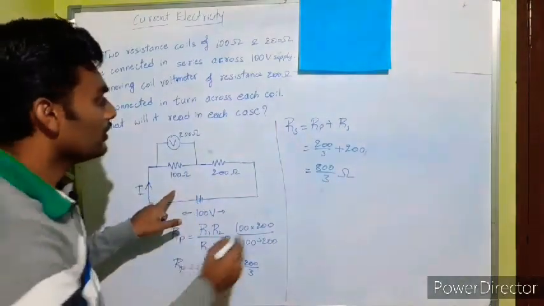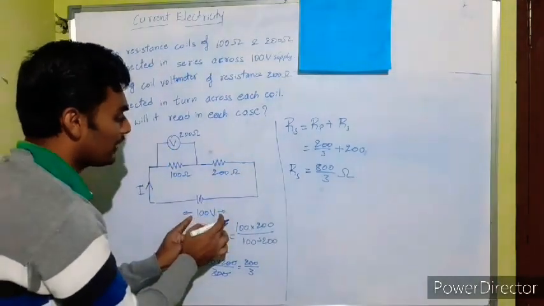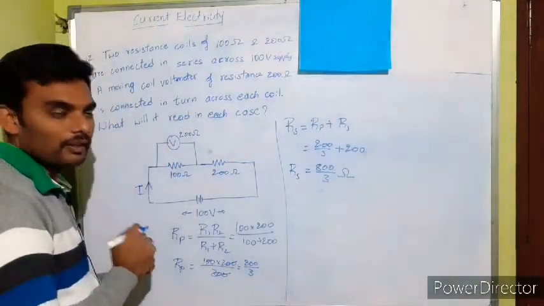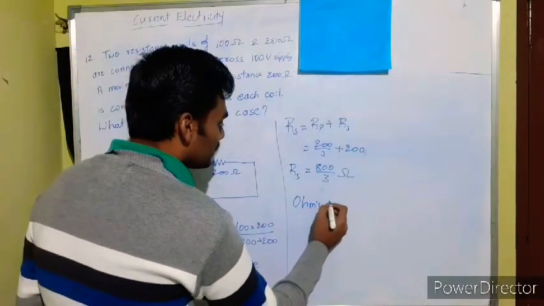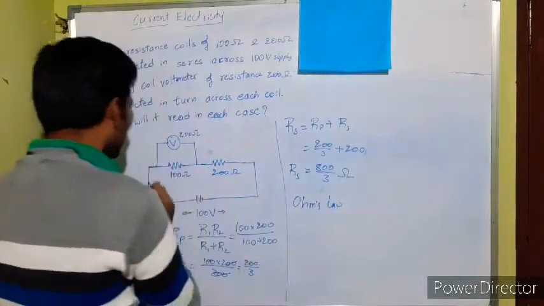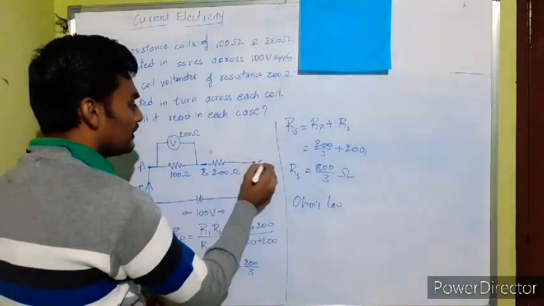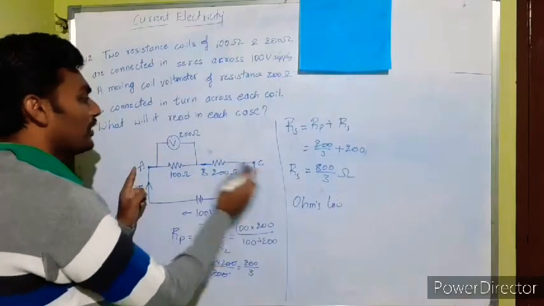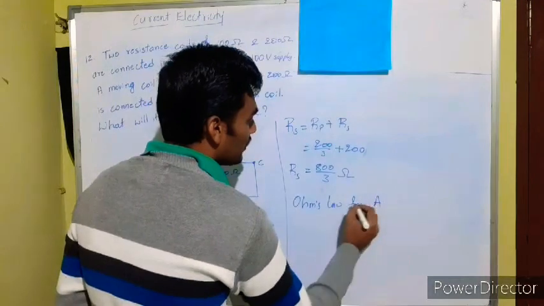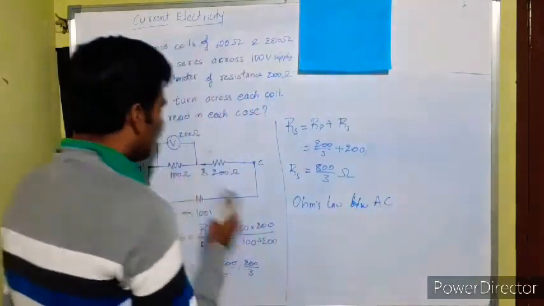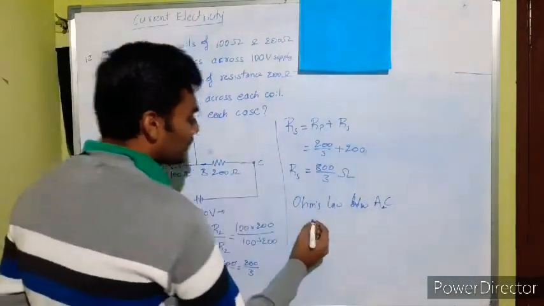So now this is the total resistance, and the total voltage supplied is 100 volt. Current has to be found. So again using Ohm's law for the entire network. If I name these points A, B, C, now I am applying Ohm's law between the points A and C, across the battery. Here the voltage across it is 100 volt.